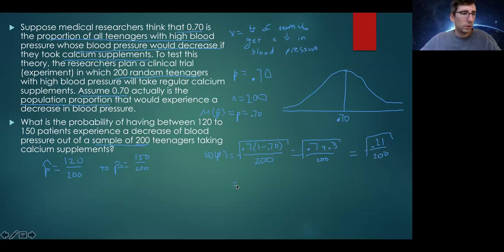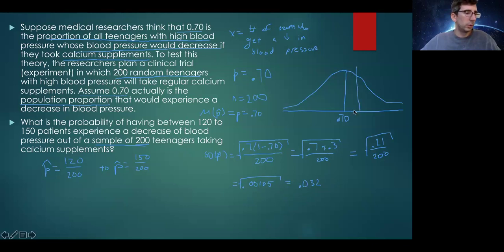So if we divide 0.21 by 200, you get 0.00105. But then we need to take the square root of that, can't forget about that. And we get 0.0324, so we'll just leave it at 0.032.